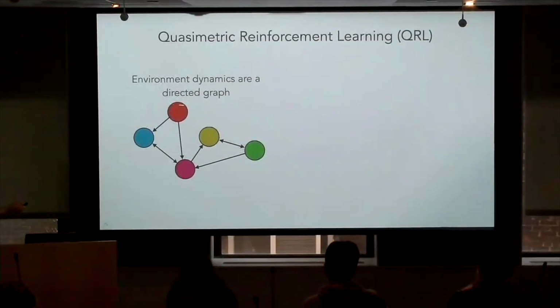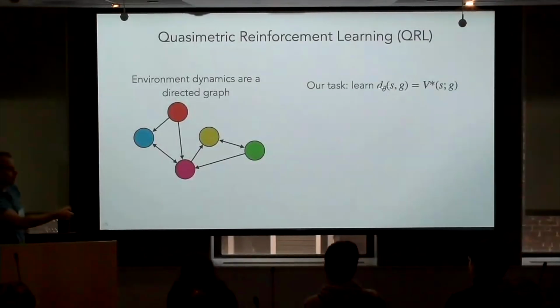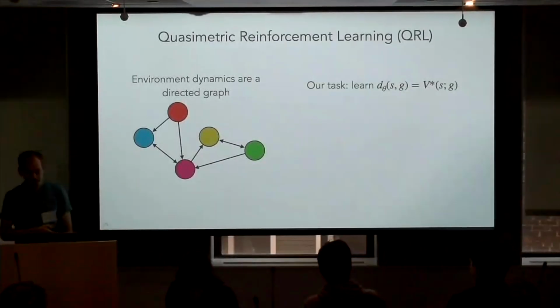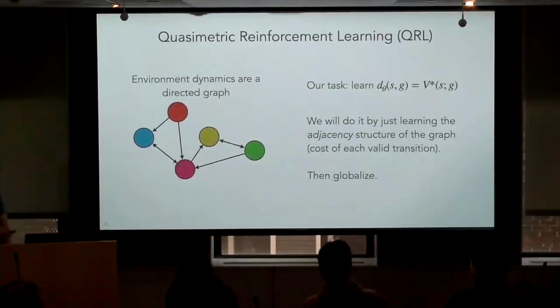So here is an environment. An environment can be represented as a graph of transitions between states. Our task is to learn a distance function that's quasi-metric that will approximate the optimal value function to go from any state to any state. So again, I'm defining goals as just a single state, but you can generalize it to be a set of states. And we're going to do this by just learning the graph's adjacency structure and then globalizing.